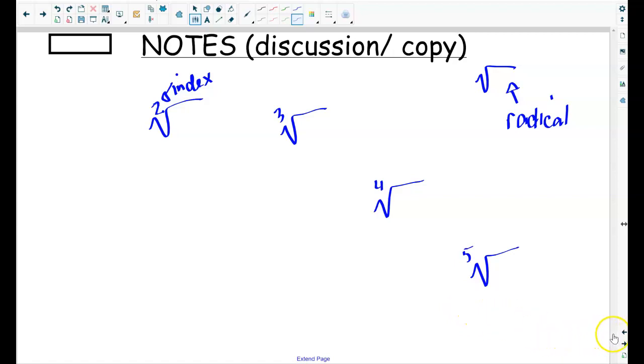So there's already some language. The symbol is a radical, and this index tells you this is a square root, or the second root. Here's the cube root or the 3rd root, the 4th root, the 5th root. So you guys got that in your notes.